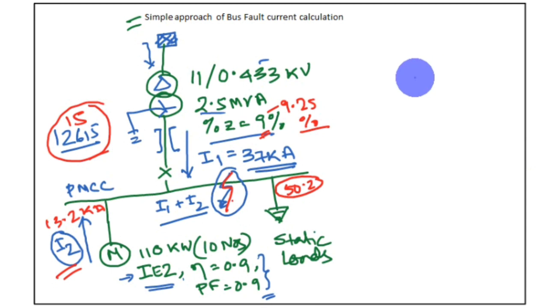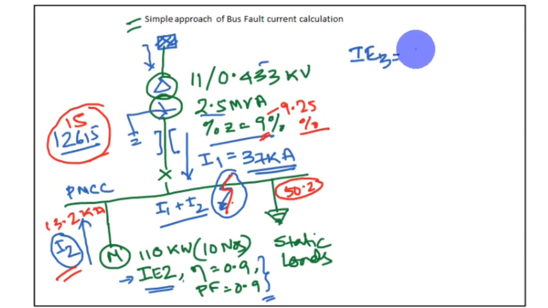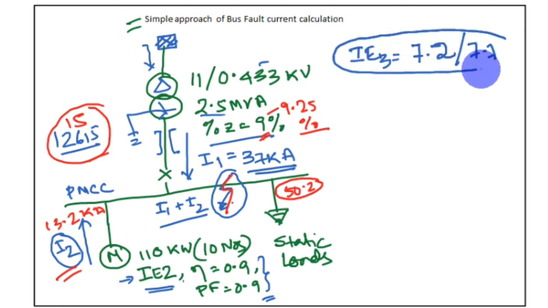If the motor was an IE3 motor instead of IE2, then you have to consider the starting current as 7.2 or 7.7. This figure you will also get from IS 12615. You have to check for which kilowatt what amount of fault current you will consider. By this you can calculate the fault contribution of the motor.